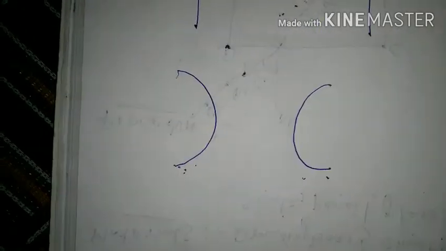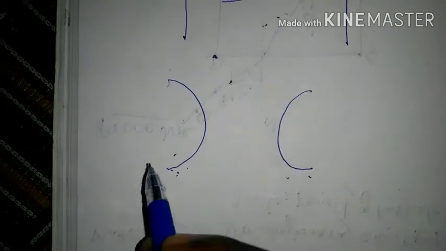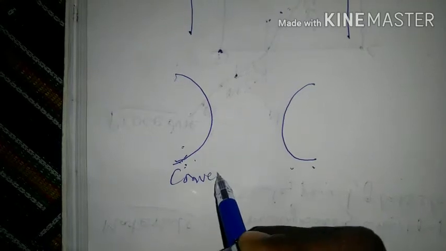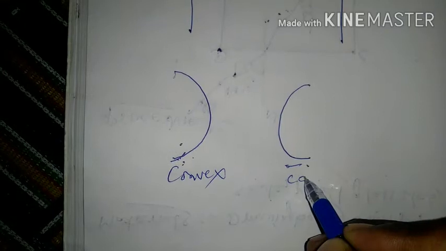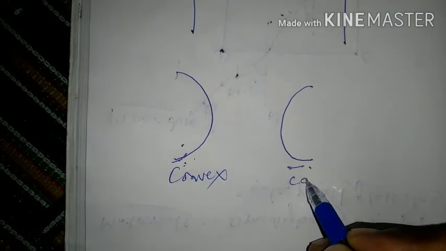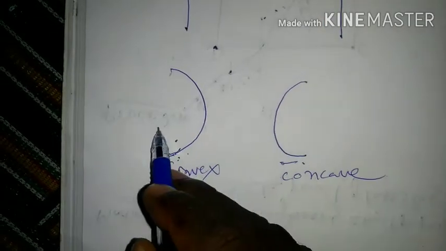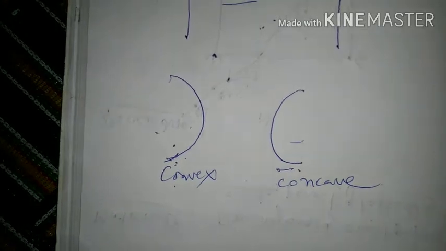This is a plane, and these are curved surfaces, the first one and the second one. This is convex and this is concave.